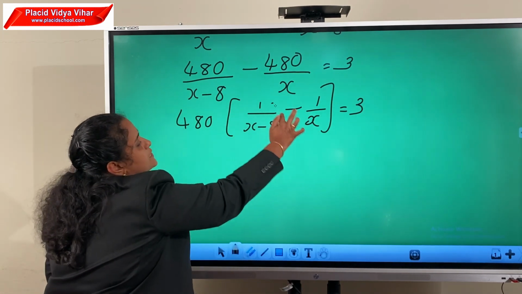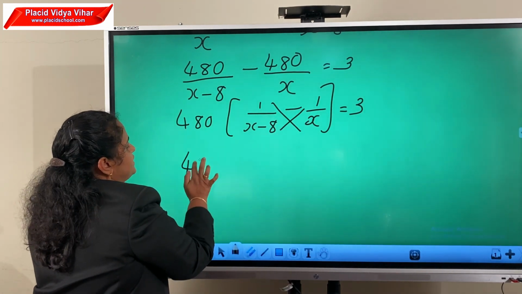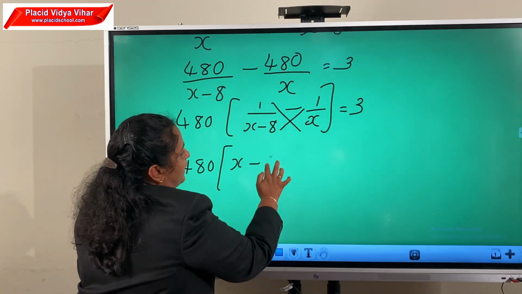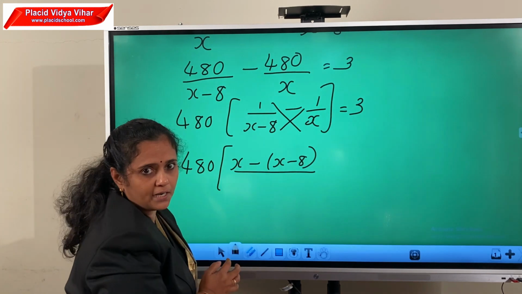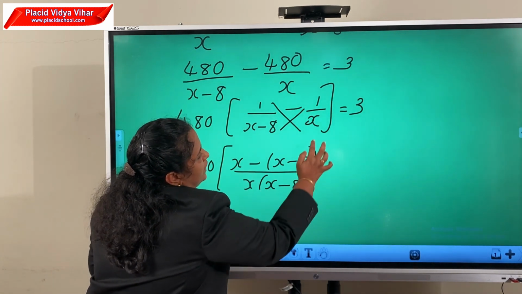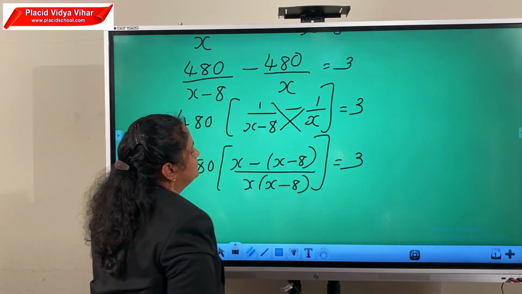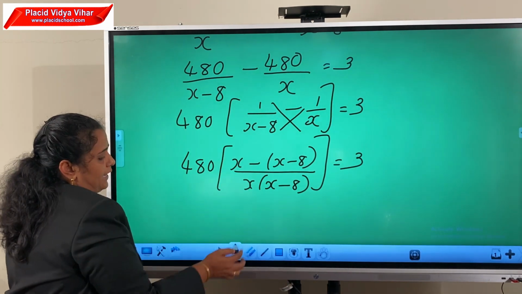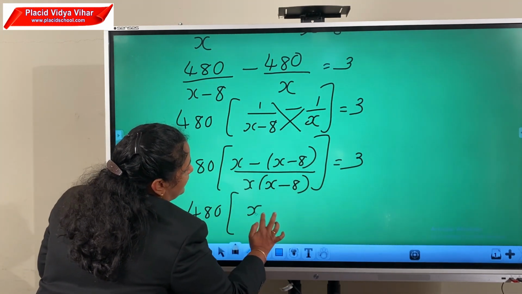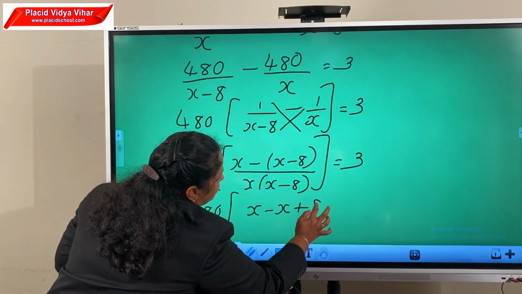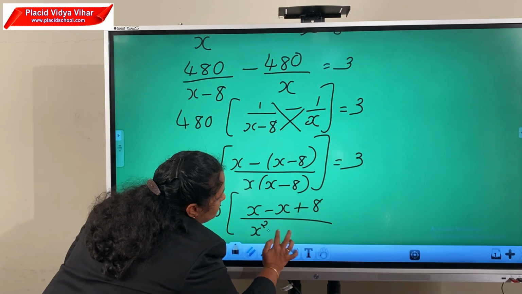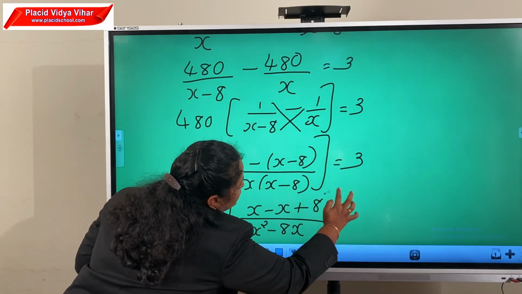Cross multiply: 480 into x minus of x minus 8, divided by the denominators multiplied, x into x minus 8, is equal to 3. Remove the bracket: 480 into x minus x plus 8, divided by x square minus 8x, is equal to 3.